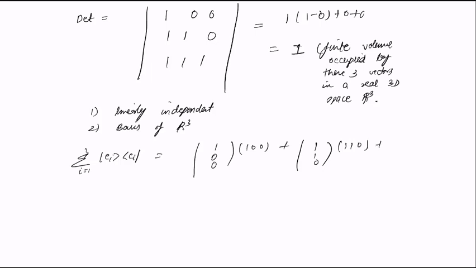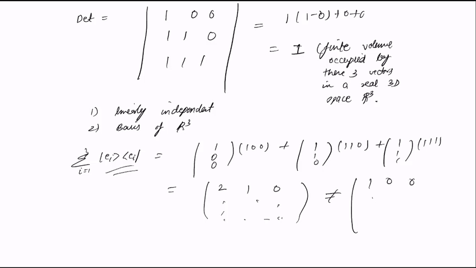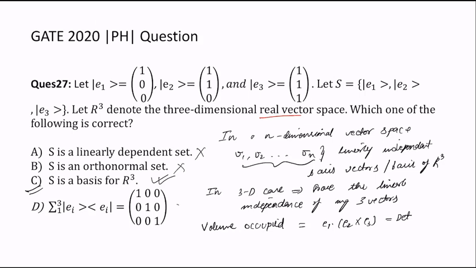We can represent this equation in matrix form, and when we do the matrix multiplication, you will get something like 2 1 0. I'm not doing this fully, you can just do it, and it will not be equal to the three-dimensional identity matrix. So option D is also incorrect.